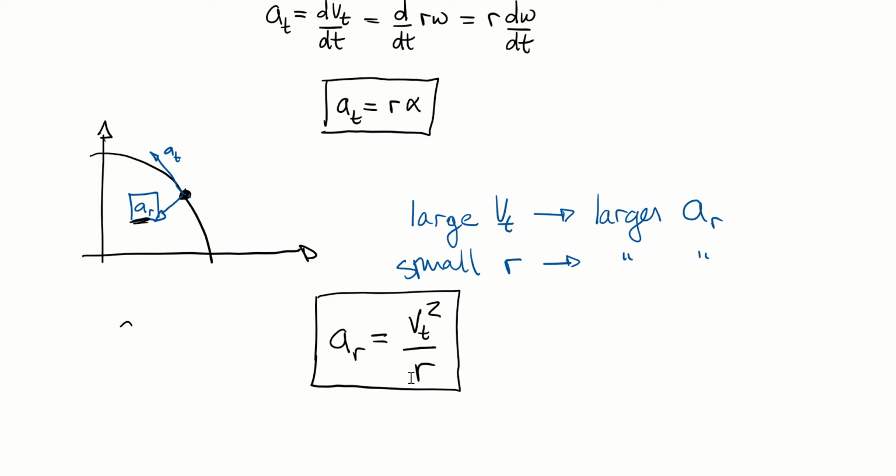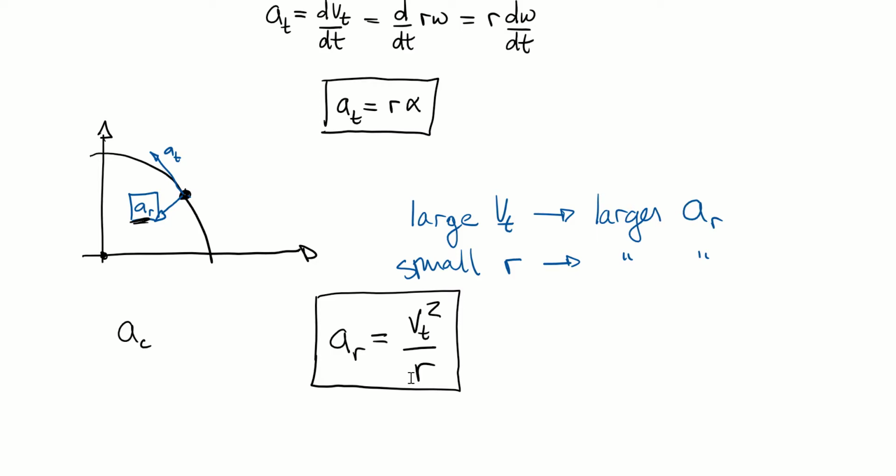This is frequently called centripetal acceleration, which just means center seeking. It is an acceleration that's always pointed towards the center of that turn or the center of that circle, and its magnitude is that tangential speed squared divided by r. And with that, we're done.